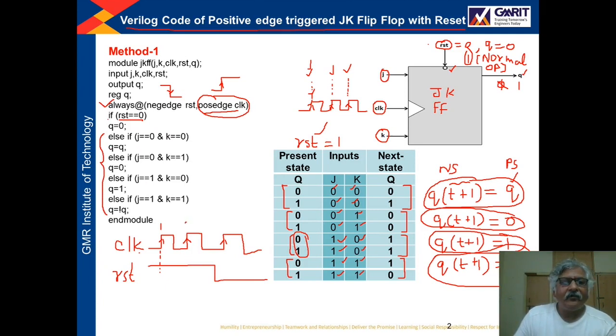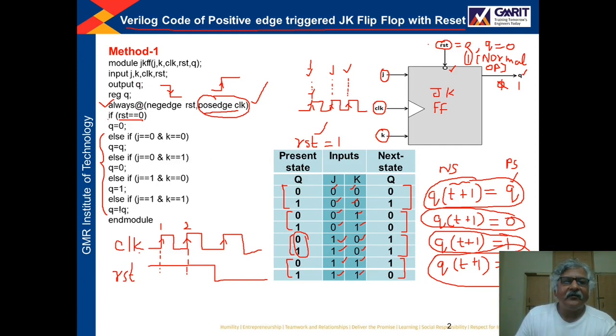Same thing will happen at the second edge of the clock. When the second edge is detected, at that time also RST value is 1. So with the detection of the second edge, again due to posedge CLK, this always block is activated.